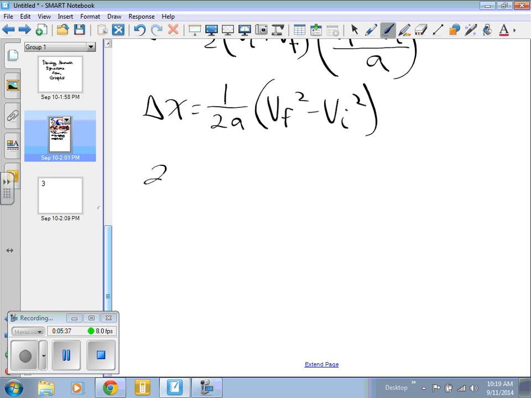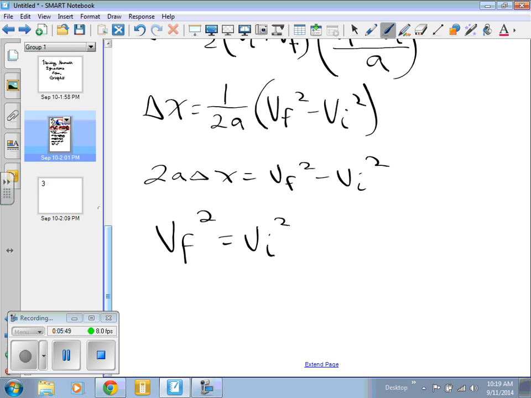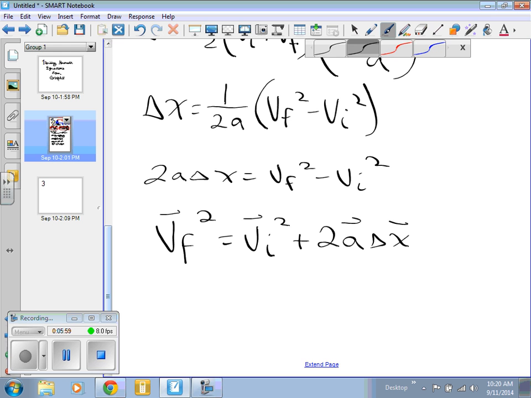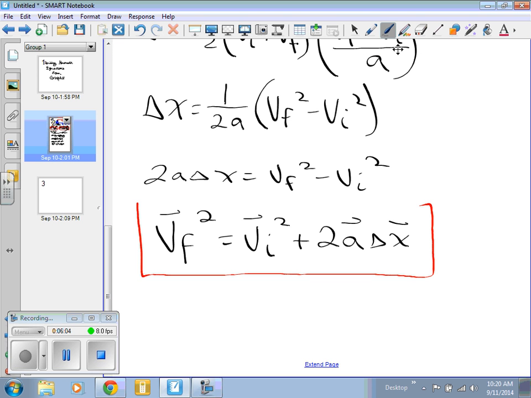So we'll do 2a delta x equals v final squared minus v initial squared. The most common form you see this equation in is this one: v final squared equals v initial squared plus 2a delta x. So we have our final velocity squared equals our initial velocity squared plus 2 times the acceleration times the displacement. That is our third kinematic equation.